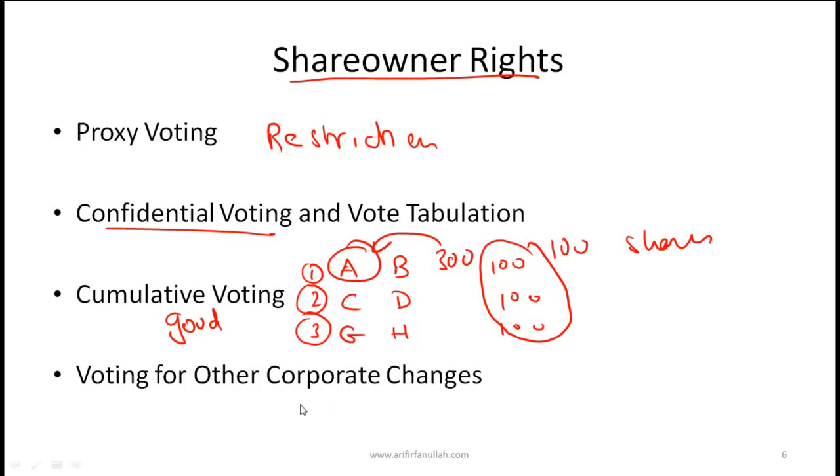In terms of voting for other corporate changes, we must determine whether shareholders can approve changes to corporate structures and policies that may alter the relationship between the shareholders and the company. Clearly, anything that gives power to the shareholders is considered good. If shareholders don't have the power to vote for other changes, then that is bad from a shareholder perspective.